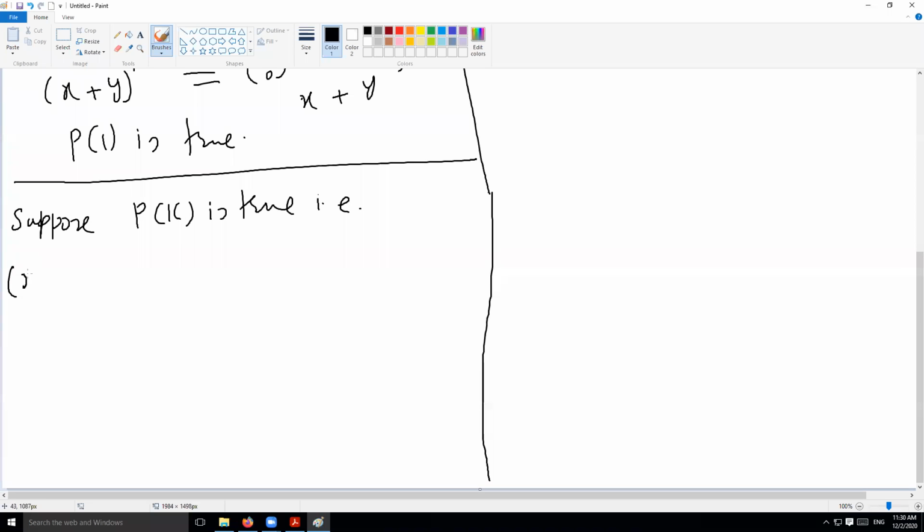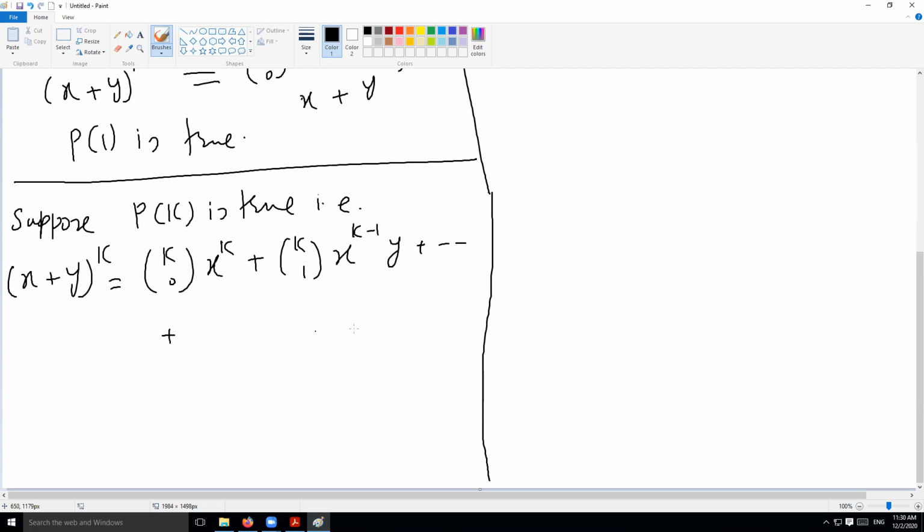If you take (x plus y) power k, this is equal to k choose 0, x power k, plus k choose 1, x power k minus 1 times y, plus so on and so forth, plus the last term, which is going to be k choose k, x power 0, y power k.